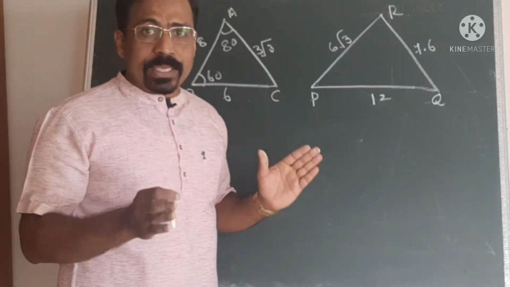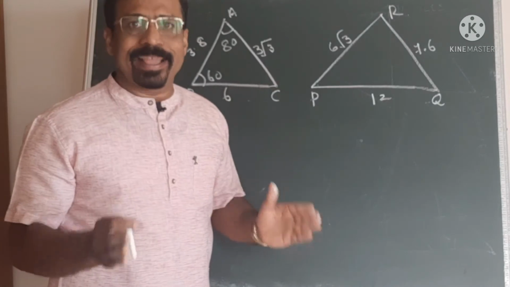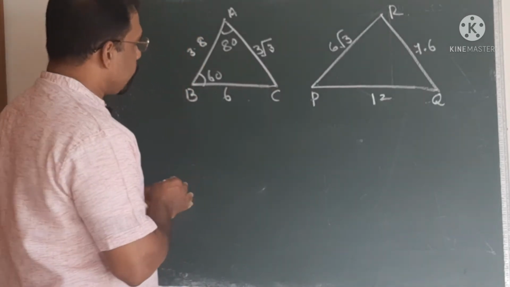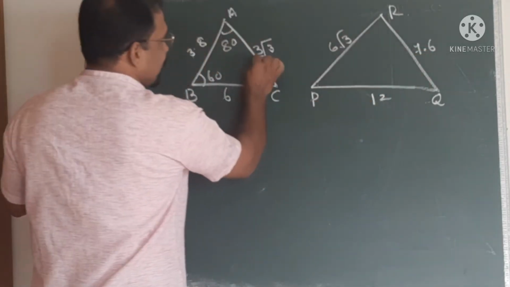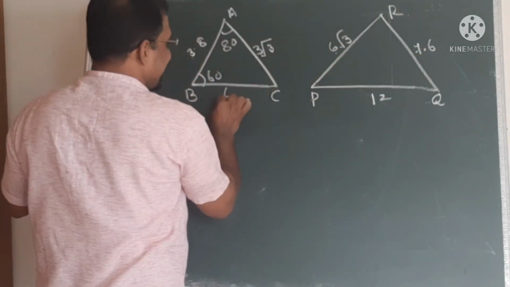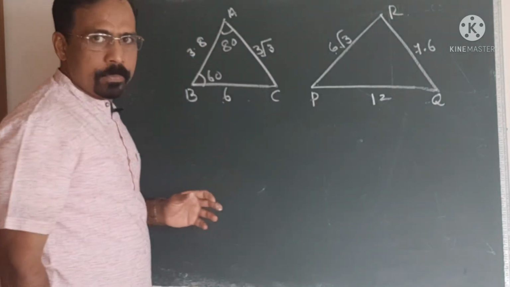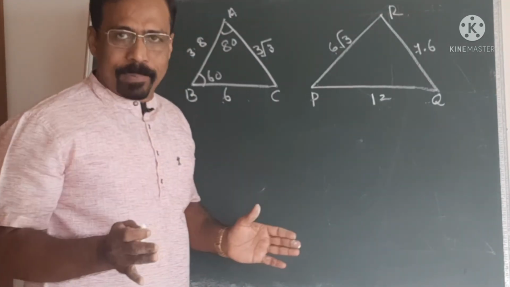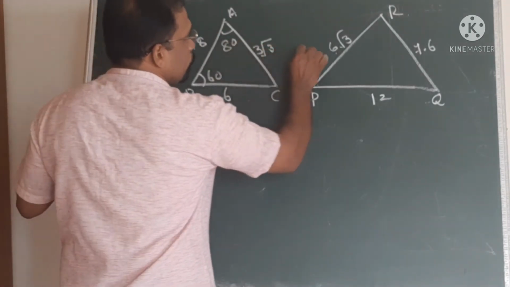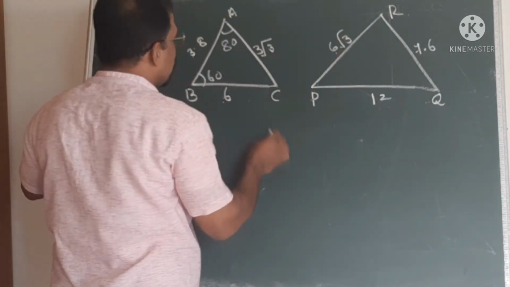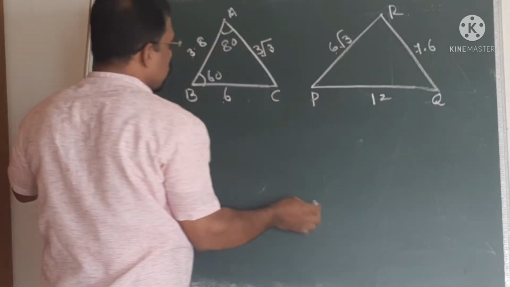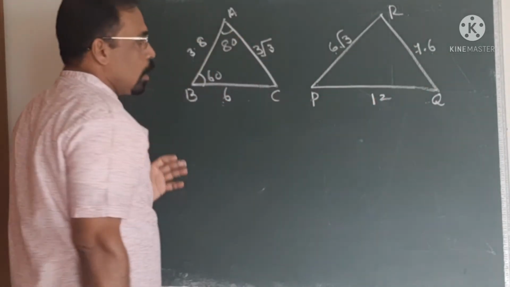Now which angle is equal to which angle, that we have to find out. Here it is 3.8, here it is 7.6, here it is 3 root 3, 6 root 3, here it is 6, it is 12. So if we multiply by 2, we will get these values: 3 root 3 into 2 is 6 root 3, 3.8 into 2 is 7.6, and 6 into 2 is 12.